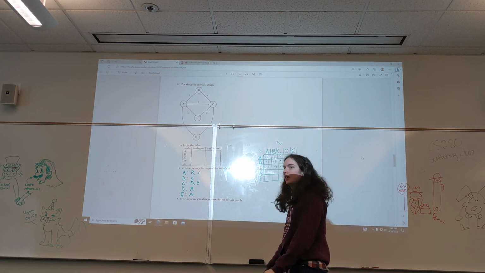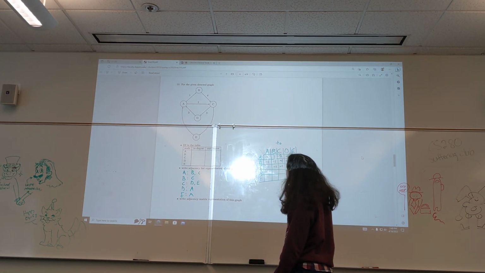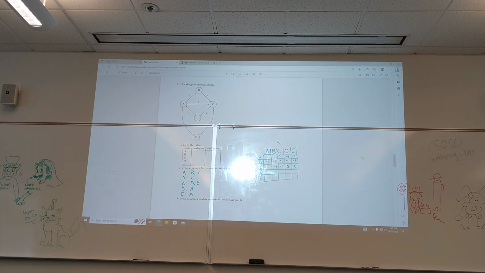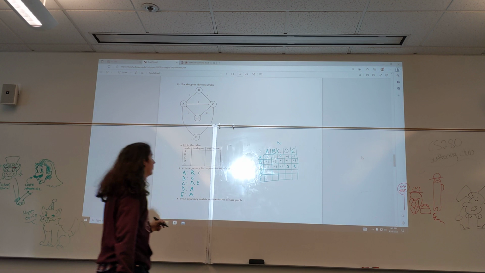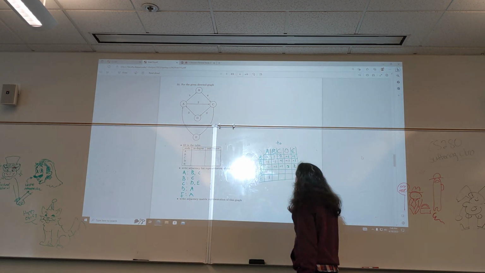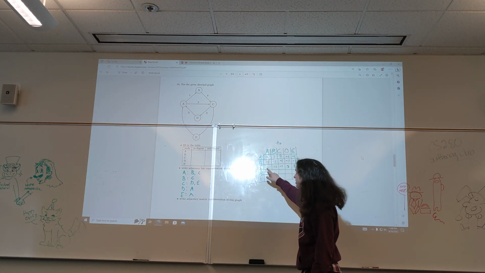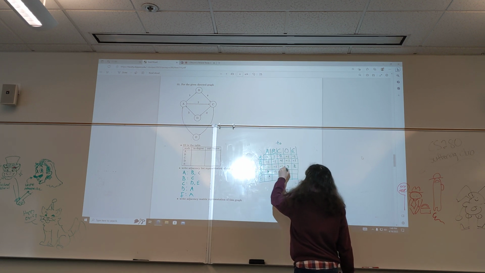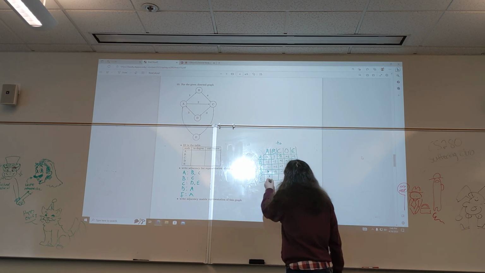This one is a 2. That one is a 1. E to A is a 1. Okay, D can only go to A, and that distance is 3. And then E can only go to A, and that distance is 1.